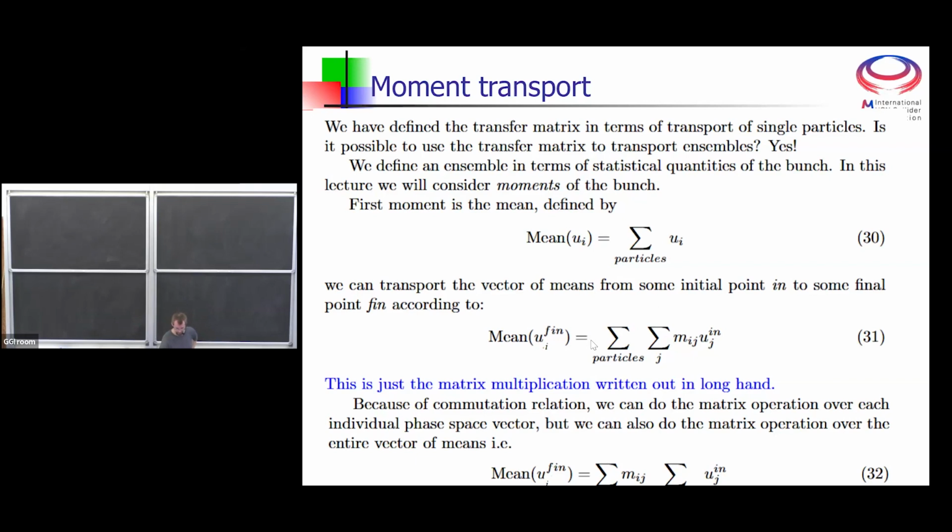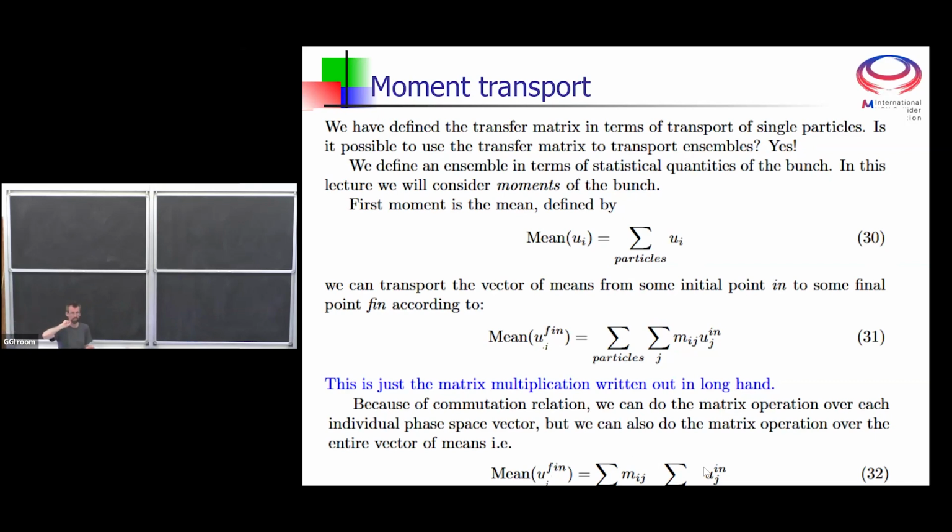So you can just move this outside of the sum, and that means that you can just take the transfer matrix outside, and you end up with the vector of means is equal to the transfer matrix times the vector of means at the initial state. Okay. So the point is, you can use a transfer matrix not just to propagate a single particle, but to propagate the entire ensemble of particles.